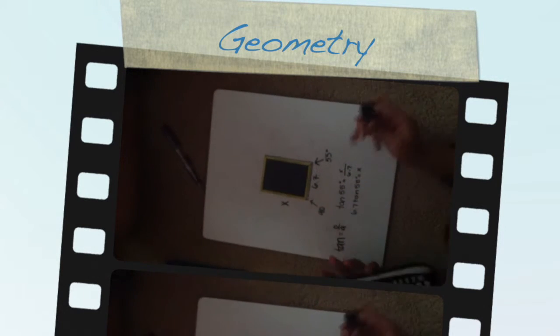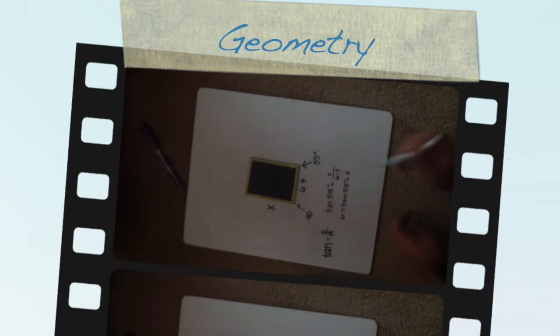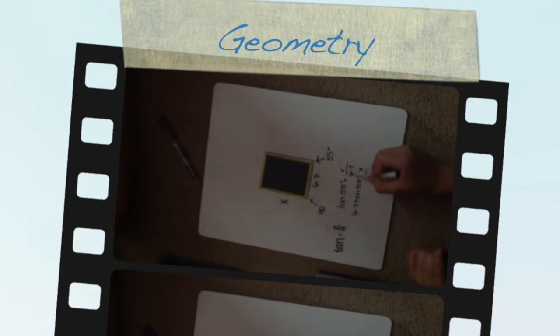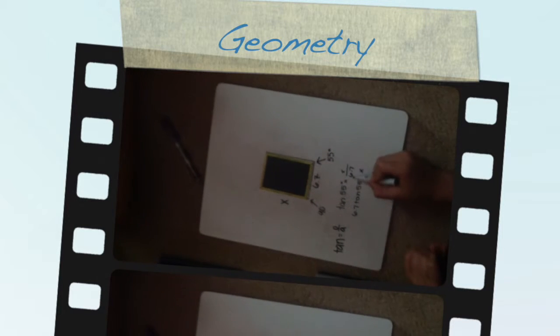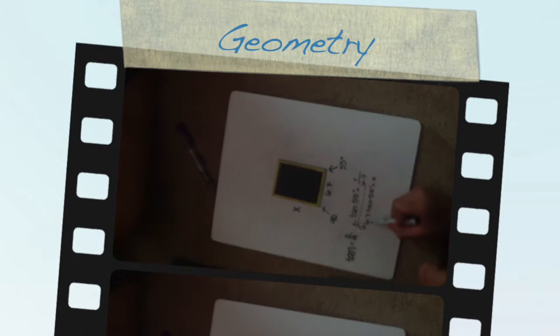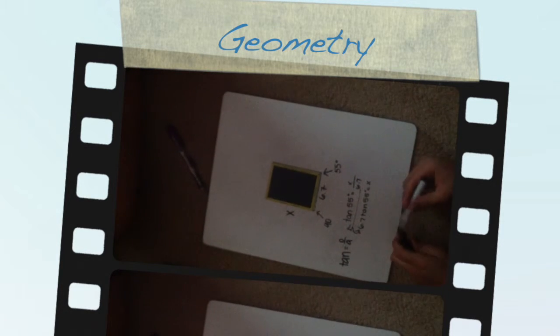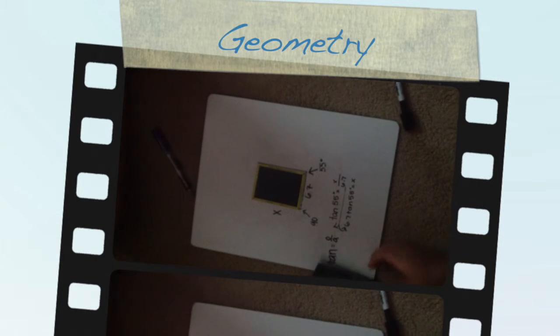Okay, so then we're trying to get x to be alone, so then you multiply by 6.7. So that's going to go on this side, which will also end up here. So it's 6.7 times tangent of 55 degrees, which would equal x. So we'll plug that in.